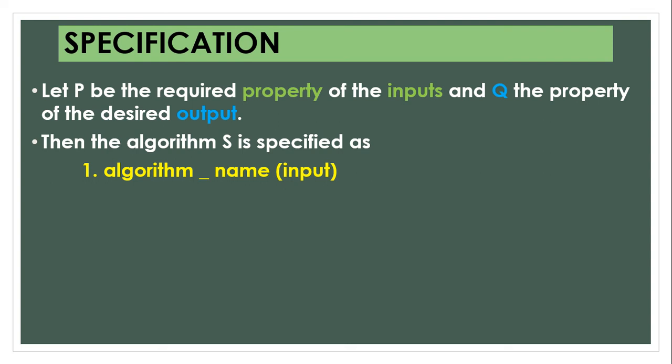So in the first statement we have to mention the name of the algorithm. This is the first rule. The second one, we have to mention the property of the input. Here we have given a double slash, right? The double slash is nothing but a comment. A comment is nothing but an annotation of the particular statement.